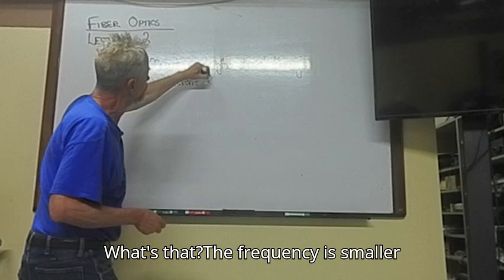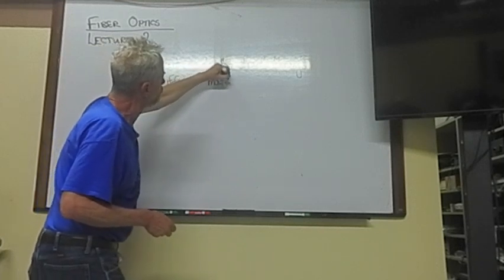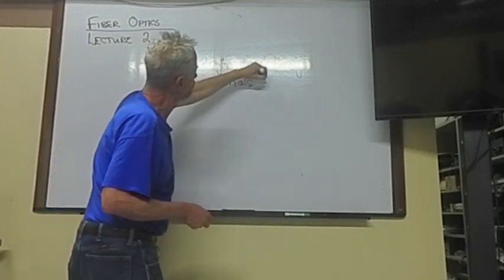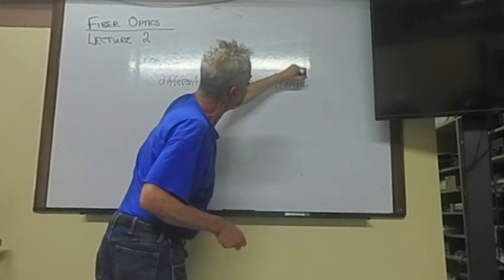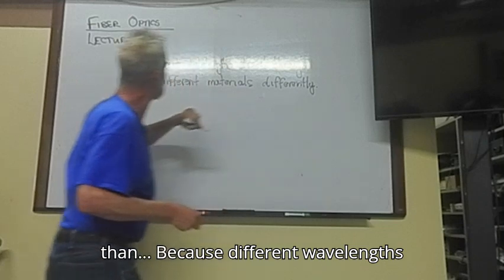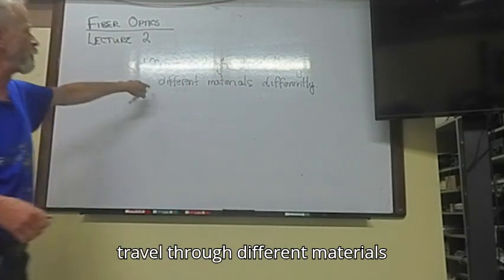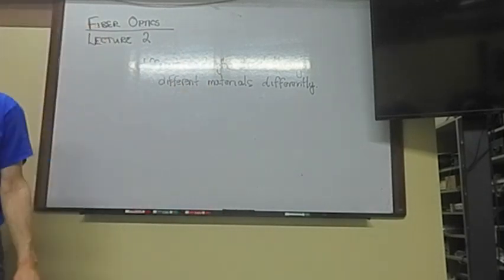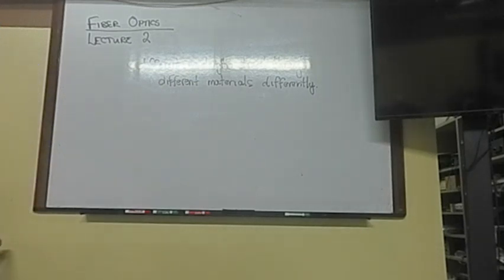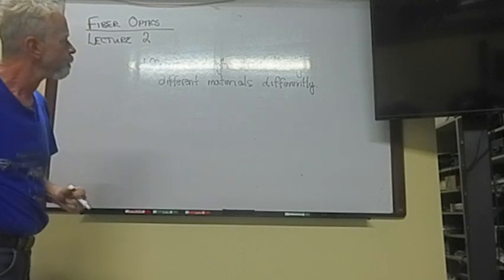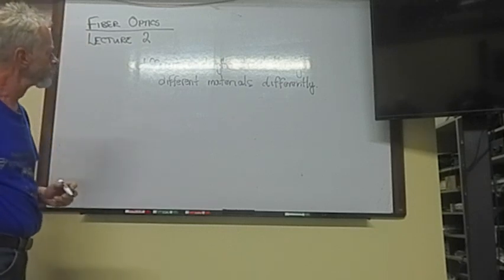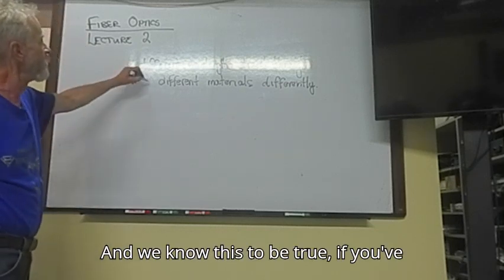What's that? The frequency's smaller, slower? Easier to bend? Because different wavelengths travel through different materials differently. And we know this to be true.